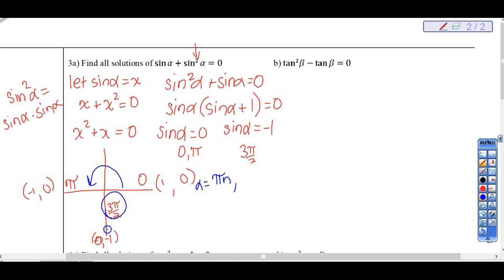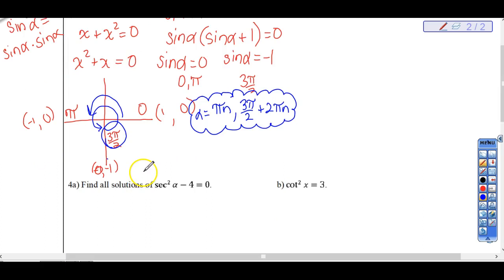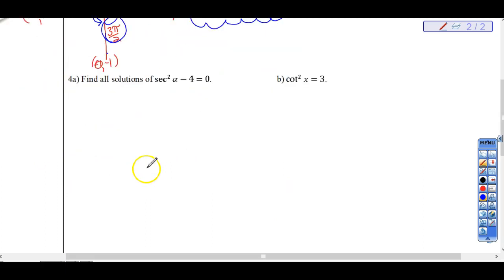And to get from here back to here, I have to add 2 pi n. So I really want to emphasize as well that it's important to kind of model what's happening on your unit circle so you can figure out if you're adding 2 pi or pi. Don't forget n is an element of your set of integers.